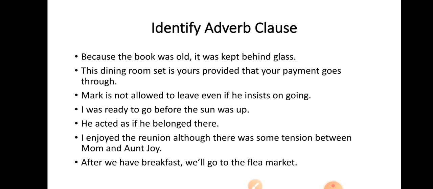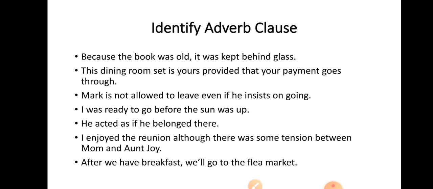The second one, the dining room set is yours provided that your payment goes through. Here this dining room set is yours, and it gives the condition, provided that your payment goes through.